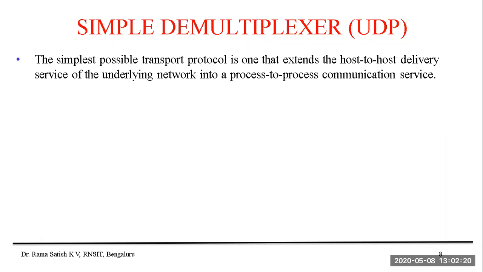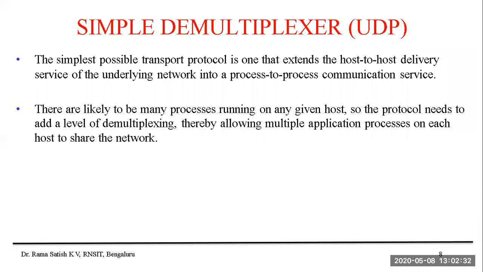Normally, you have multiple processes running at the application layer, and all of them support process-to-process communication using UDP. There are likely many processes running on the host, and all these processes want the underlying layers to support them.